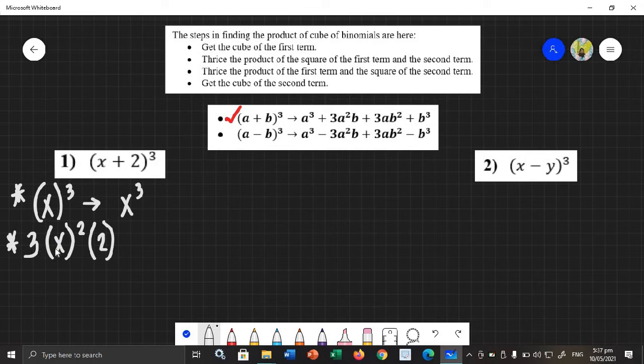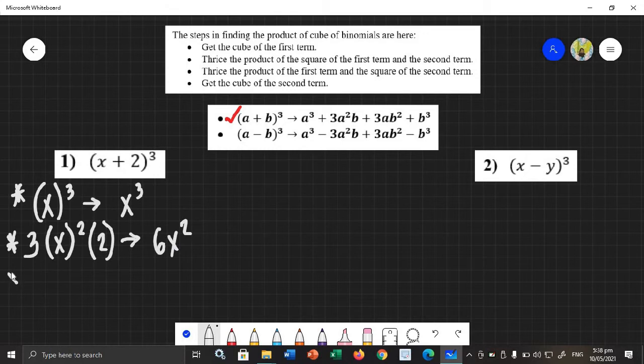So we have 3 times x raised to the second power times 2. So the answer is 6x raised to the second power. Basically, ang pinag-multiply lang natin is 3 and 2, and then si x raised to the second power, kinopya lang natin siya. So the product is 6x raised to the second power.